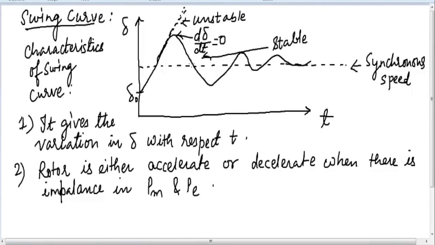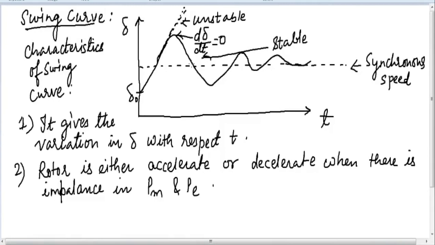It depends on the position of the rotor with respect to time. So it is important for us to solve this swing equation and to know the position of stability with respect to large disturbances.